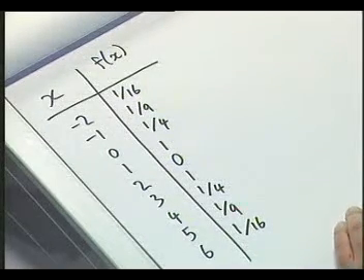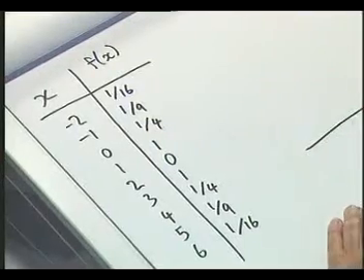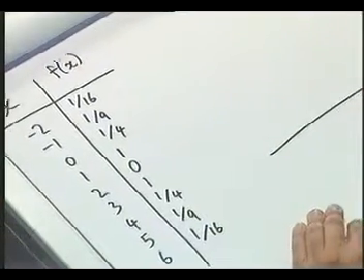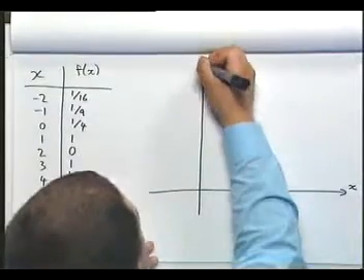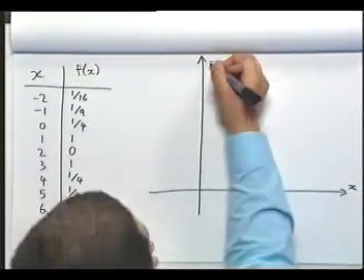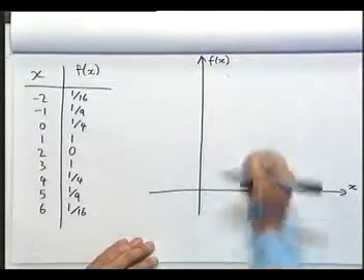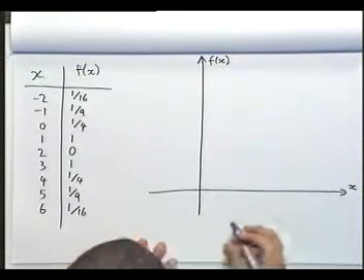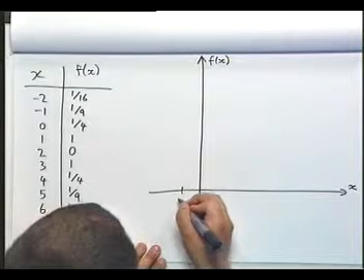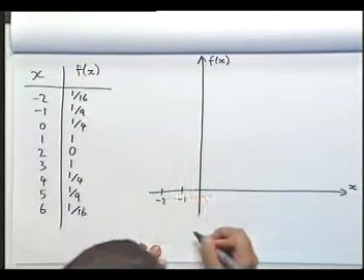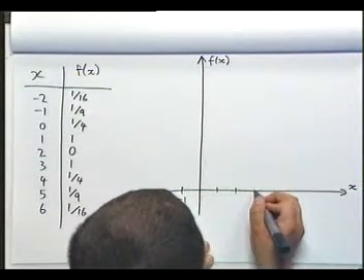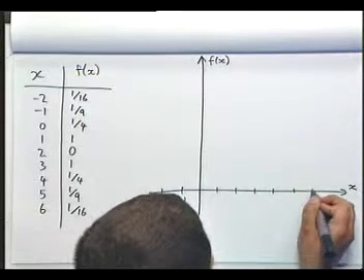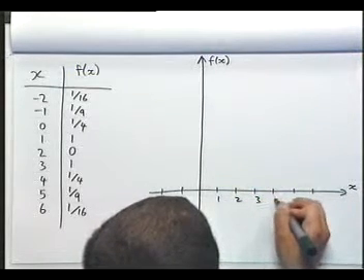So, if we plot that onto the graph as before, we have our arguments going along the horizontal axis and our outputs going along the vertical axis. We've gone from minus 1 and minus 2 over there, 1, 2, 3, 4, 5, 6, along this way.